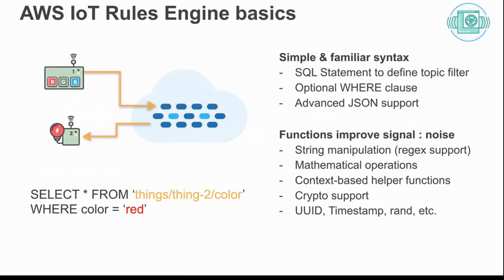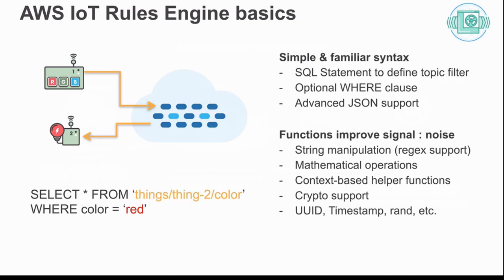Now, how does it work? Well, we use a SQL style syntax here. So for example, SELECT * FROM 'thing/thing2/color' WHERE color = 'red' would result in all messages on that specific topic that had an attribute called color, which was set to the value red, being forwarded to a particular action or a particular destination.